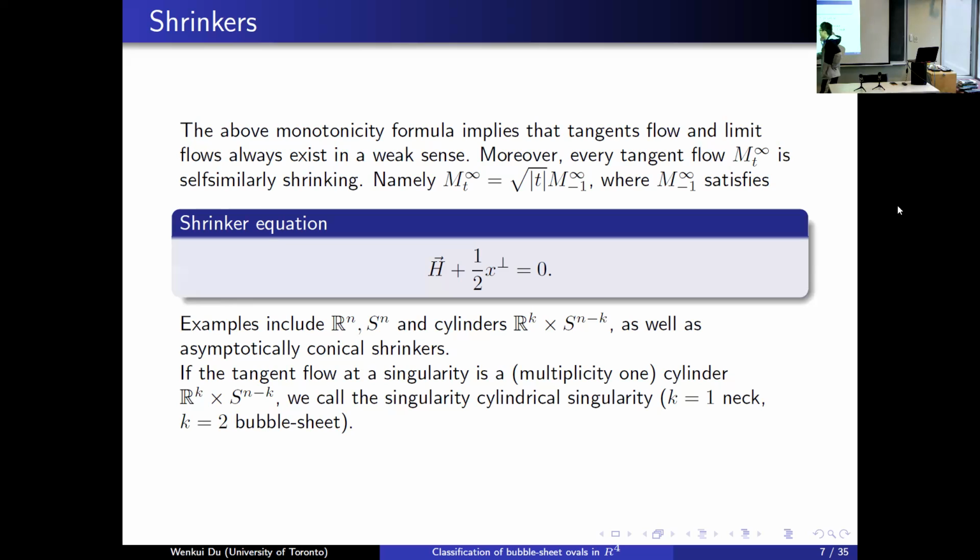When there are 2 R factors, it's called a bubble-sheet singularity. Colding and Minicozzi conjectured that these cylindrical singularities are generic. In the case of surfaces in R3, Bamler and Kleiner recently proved that this must be multiplicity one, and also that these cylindrical singularities are generic.